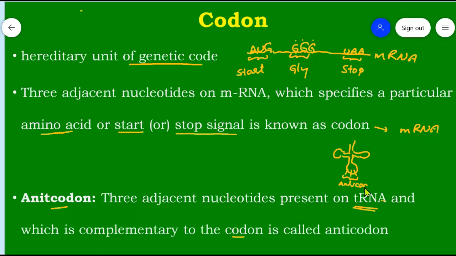Three nitrogen bases are present which are called the anticodon, and this anticodon is complementary to the codons which are present on the mRNA strand. Now it is clear, the definitions of codon and anticodon. Codon is three adjacent nitrogen bases which are present on the mRNA. Anticodon is three adjacent nucleotides which are present on the tRNA molecule.